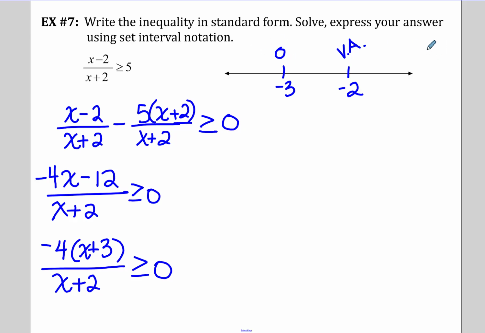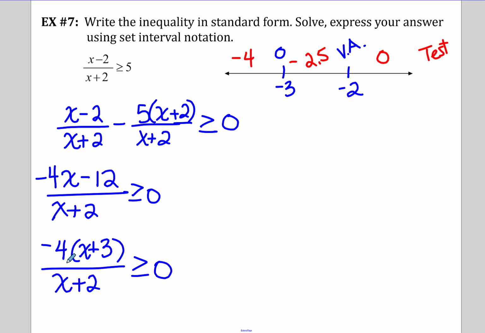And we want to test some numbers. We could test negative 4. This one we could test negative 2.5. And I like using 0. Okay, so again, I'm thinking about plugging a negative 4 into here, and you've got to consider, is it above 5 or below 5?